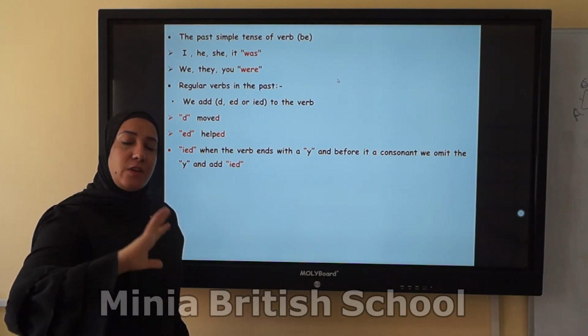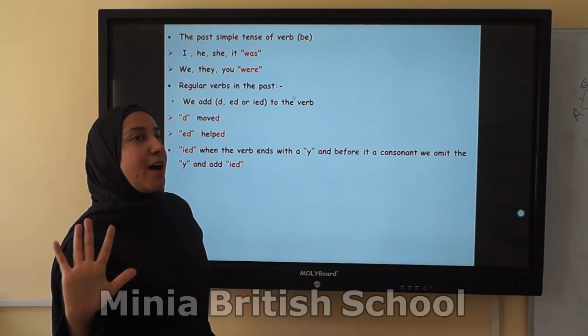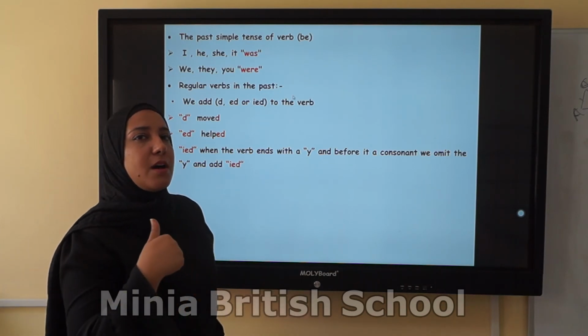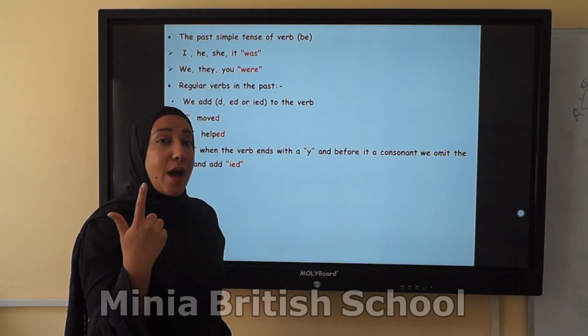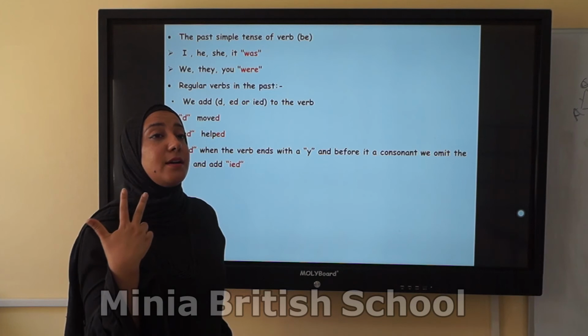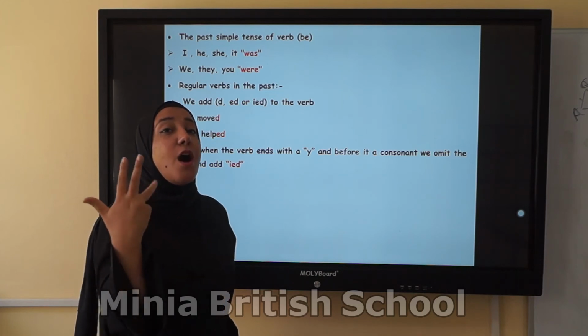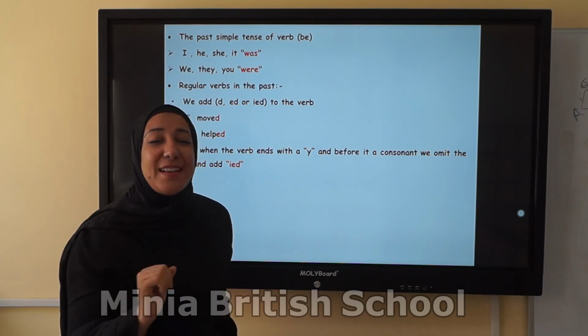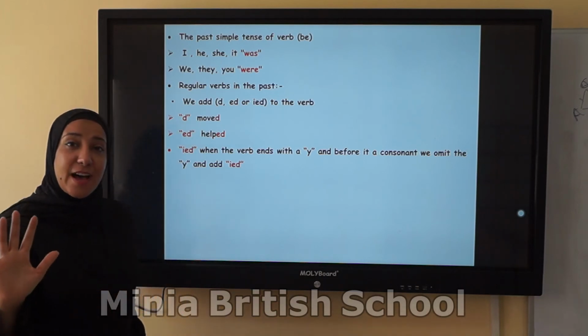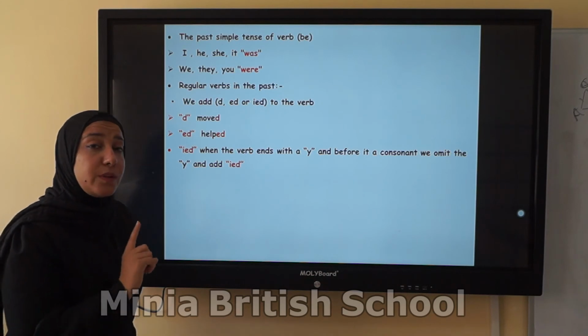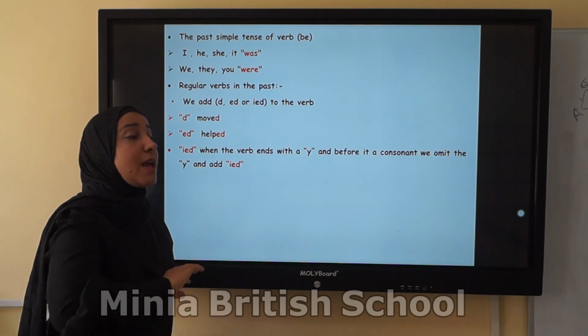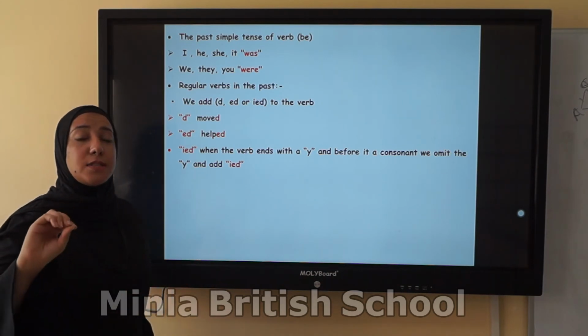As we said, we have consonants and vowels. We have 5 vowels. What are they? A. Excellent. I. Good. O. U. Excellent. Good. So I have 5 vowels, and they are the only vowels. The other letters are consonants.